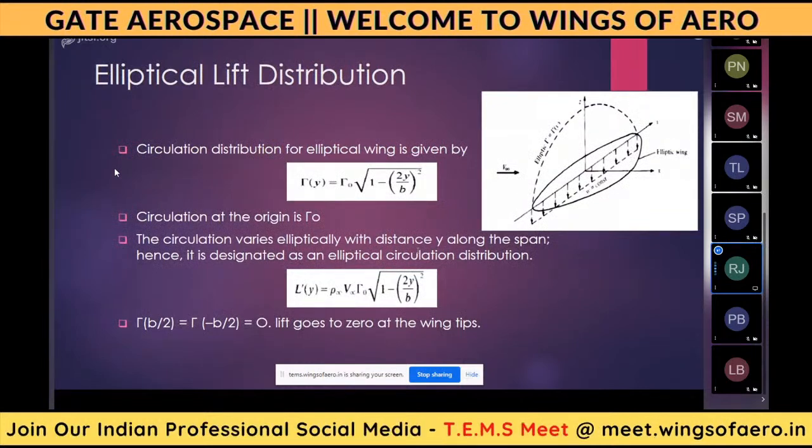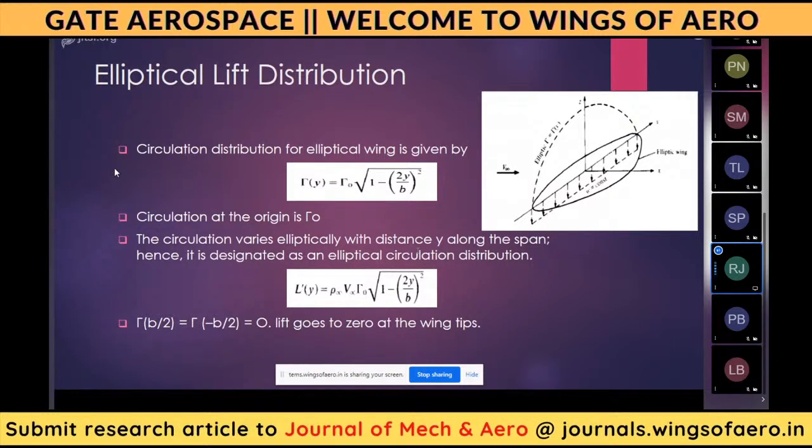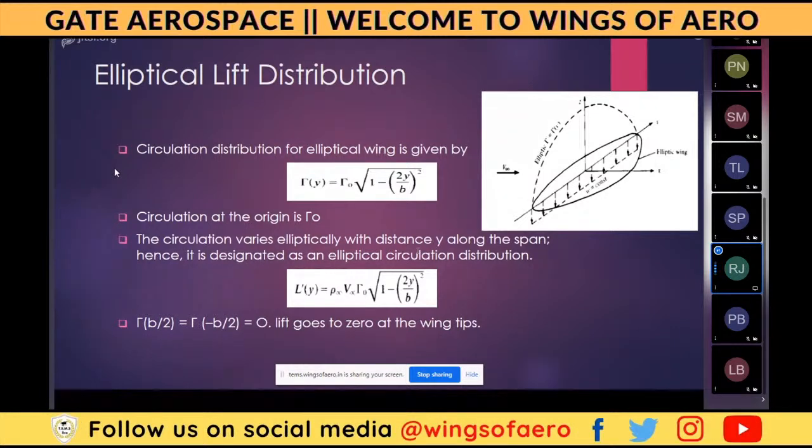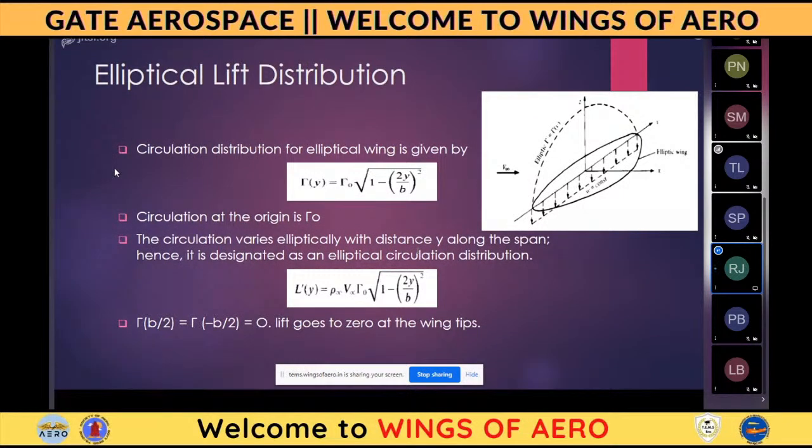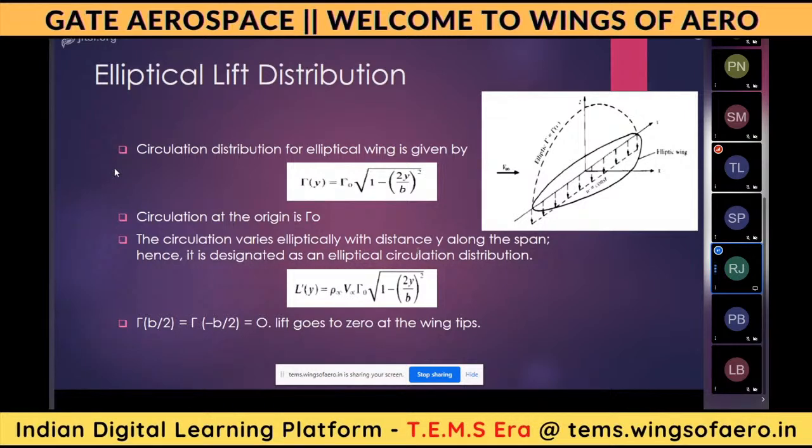So next thing is, in the last session we covered the Prandtl lifting line theory. For a finite wing, now we are considering the elliptical lift distribution. There will be small changes in lift distribution between a normal wing and the elliptical lift distribution.